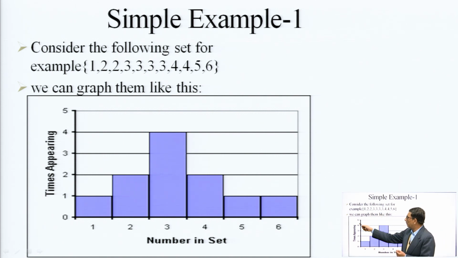The number of times appearing is the frequency, we take it on the y axis, and 2 appears 2 times. So, the frequency of 2 is 2, and 3 appears 4 times. So, the frequency of 3 is 4, and the frequency of 5 is 1, and 6 is 1. So, we can graph this data set like this.